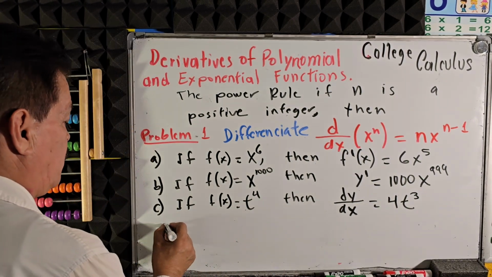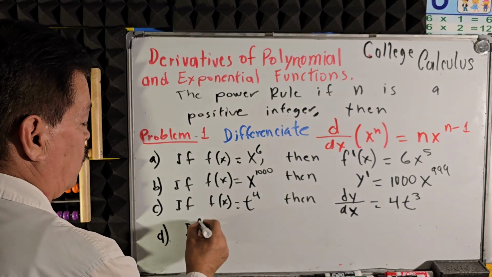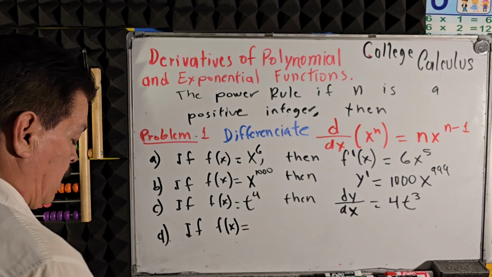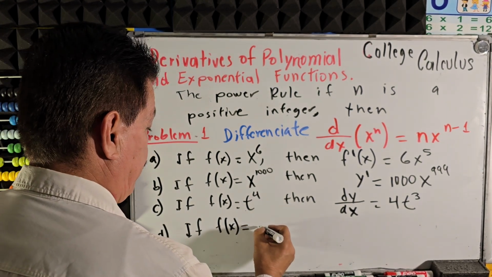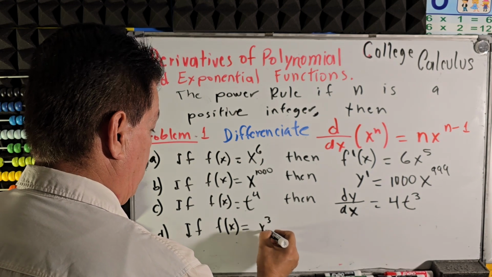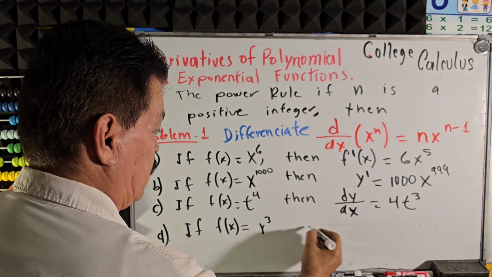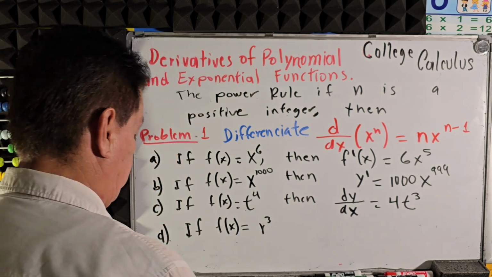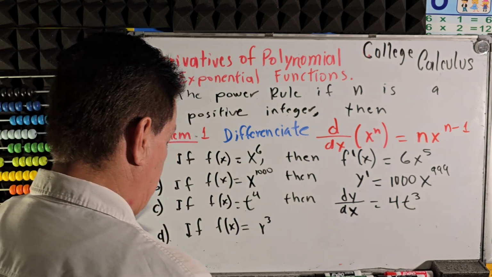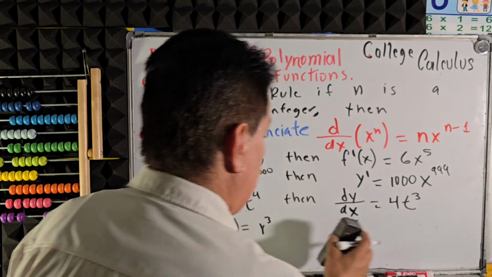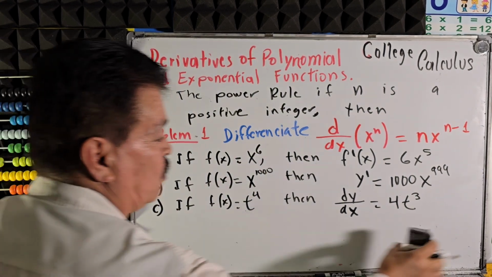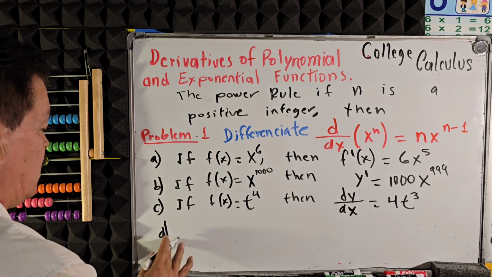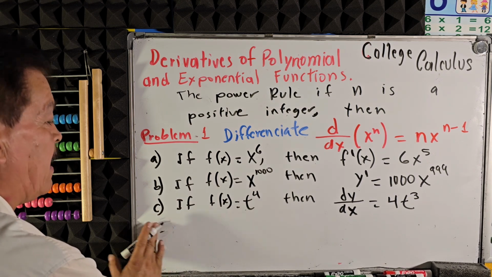Another one. If we have f of r equals r to the 3rd power, I will write it in a different way. Let's write it this way, not like that.